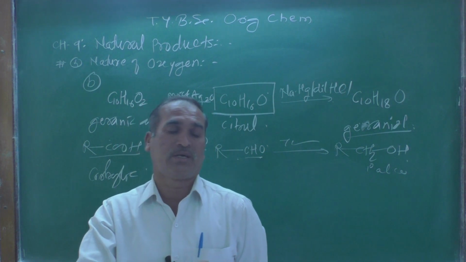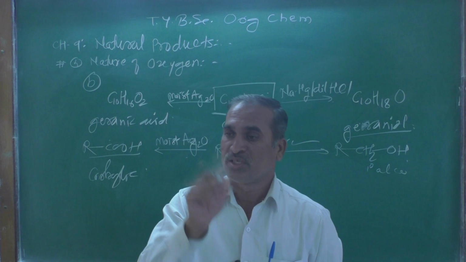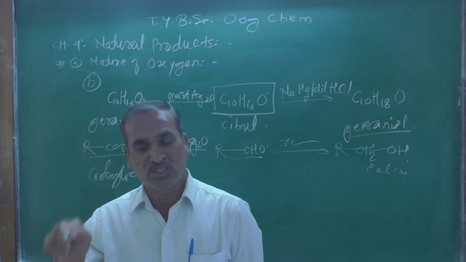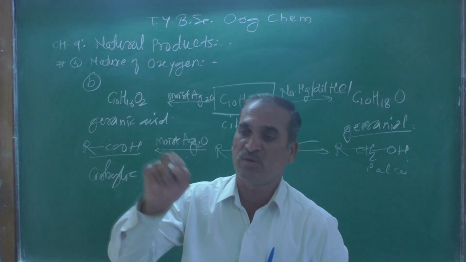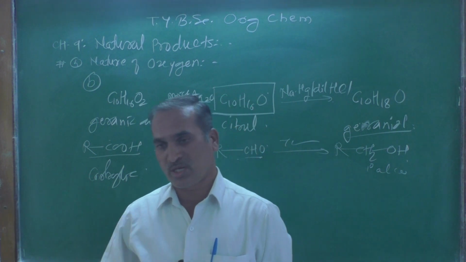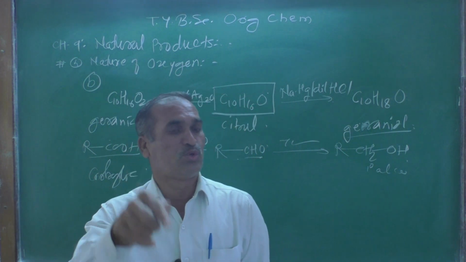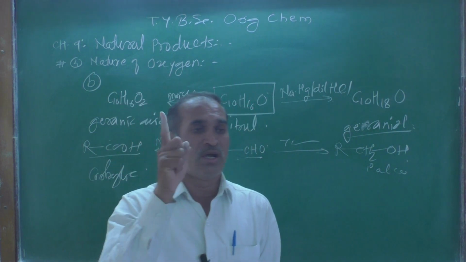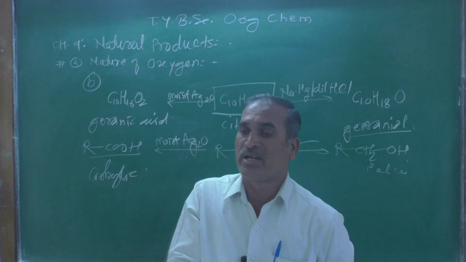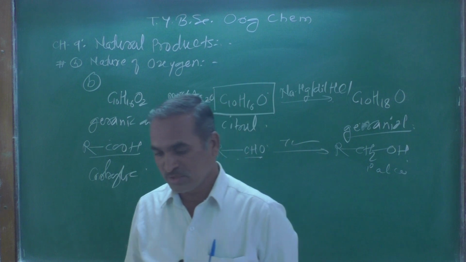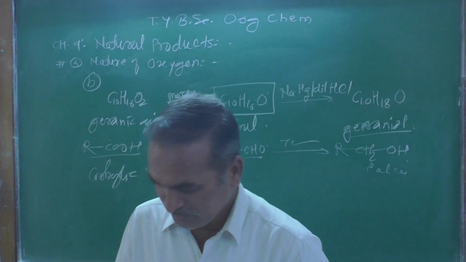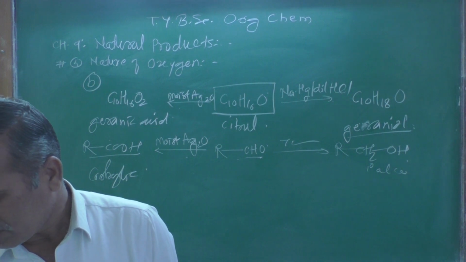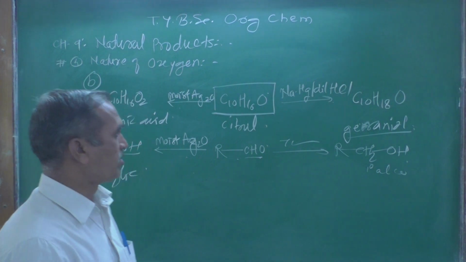In another reaction, the same citral, when treated with moist Ag2O, a mild oxidizing reagent, converts the aldehyde group into a carboxylic group, giving geranic acid. Both these reactions confirm the presence of the aldehyde group in citral. Got it? In this way you have to write the answers in the exam.